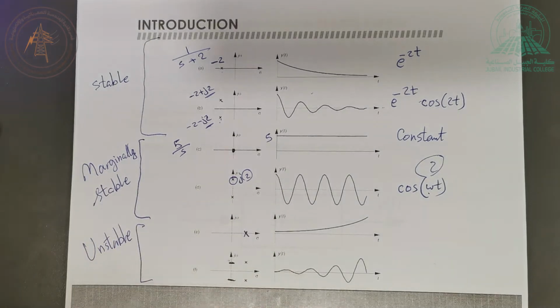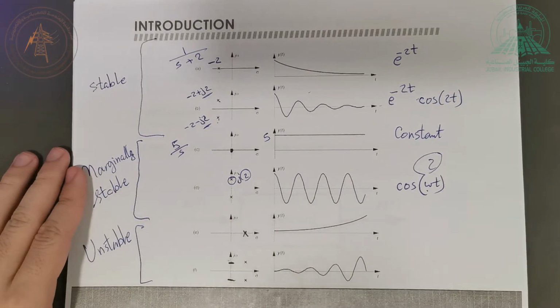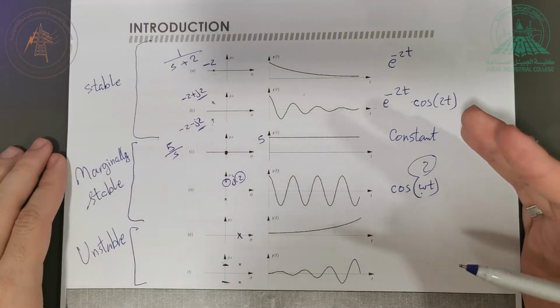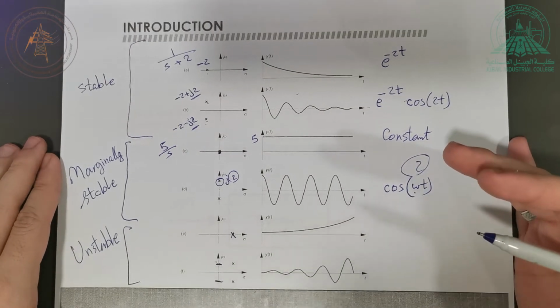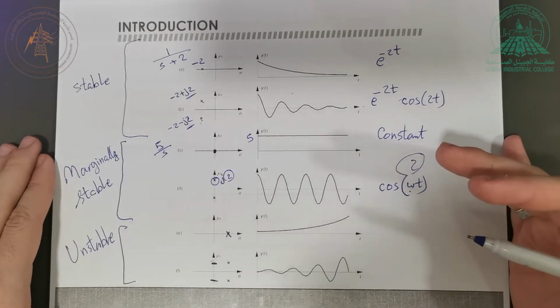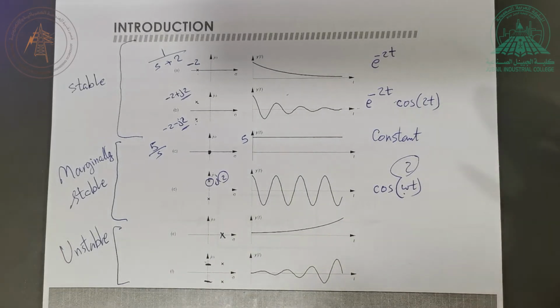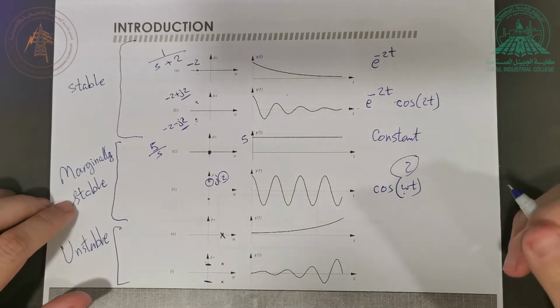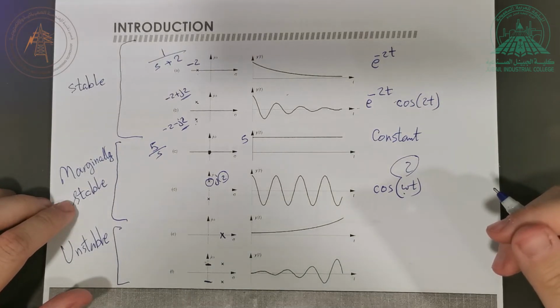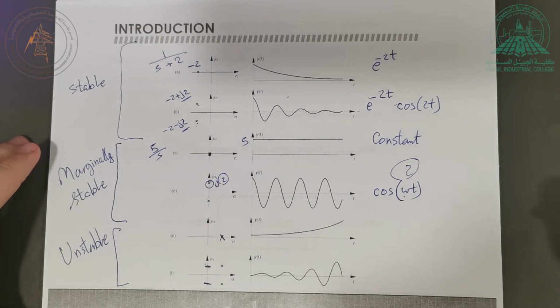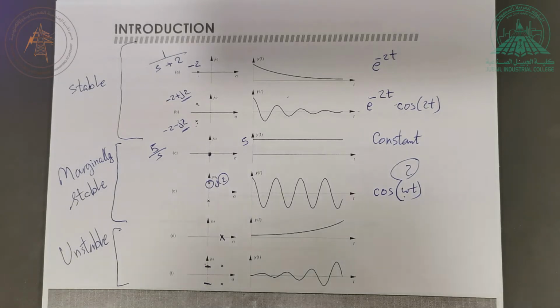Of course, stability is extremely important in a system, because we don't want the system to blow up, right? As we have discussed before, an example of instability is an electronic circuit like an operational amplifier, an op-amp. Operational amplifiers are very susceptible to instability if you don't take the required countermeasures to prevent it, because you have so many transistors inside the op-amp, and each transistor is associated with one or two poles.